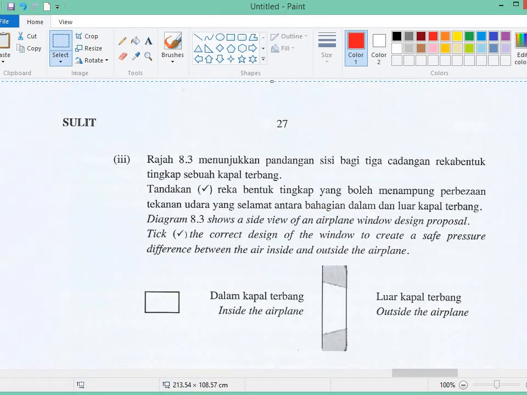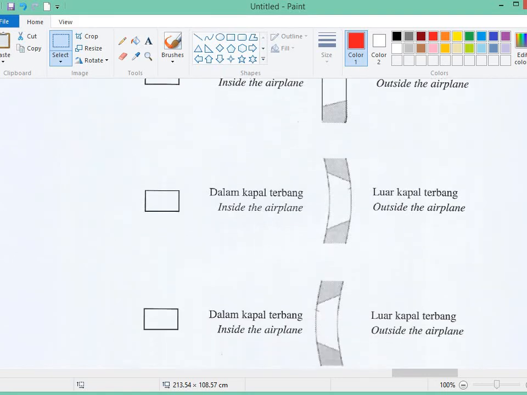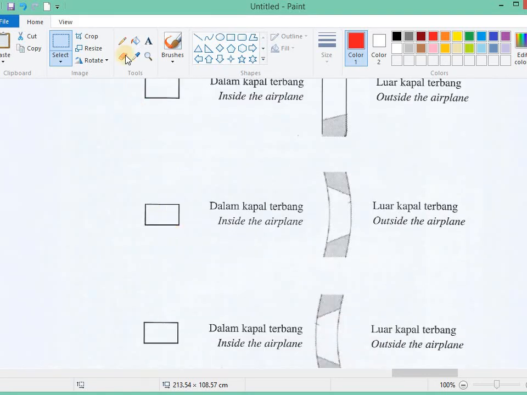Okay, next. Diagram 8.3 shows a side view of an airplane window design proposal. Choose the correct design of the window to create a safe pressure difference between the air inside and outside the airplane. So the most suitable is this one. Why? Because the pressure inside is higher than outside.